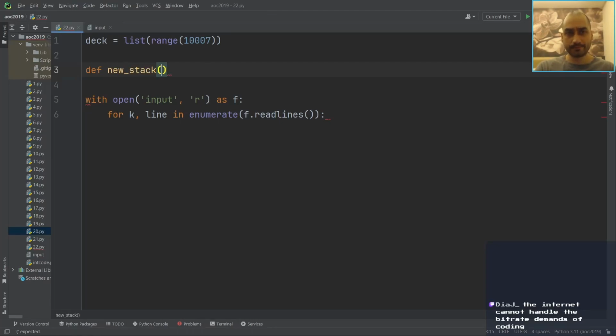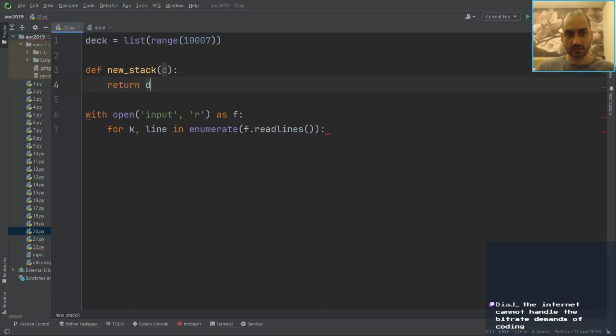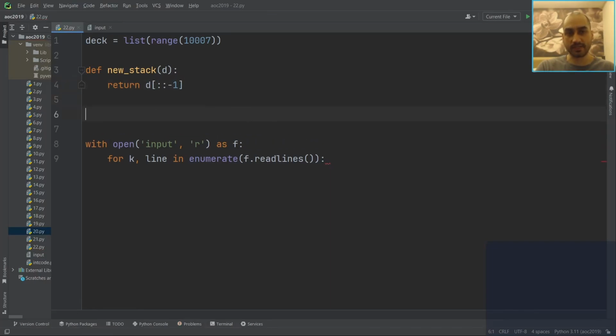But that's just this. Reverse it. Should we return a new deck or just change it in place? Or return a new deck. Might want to change that later on if we're trying to save time, because there are more efficient ways of cutting. Okay, so that's literally just reverse the deck.